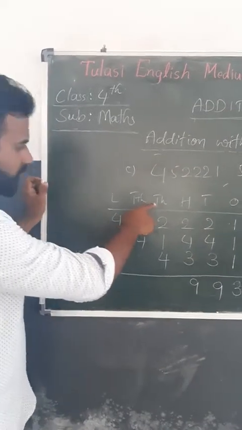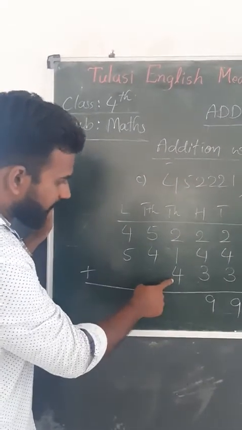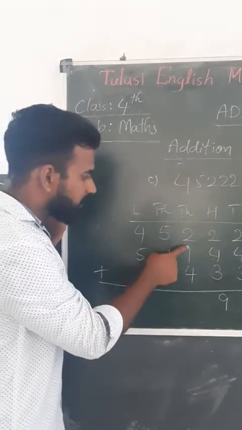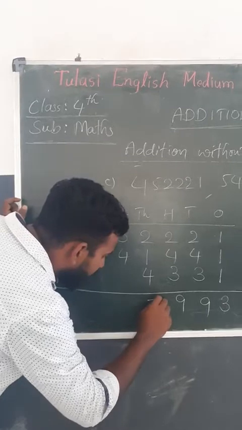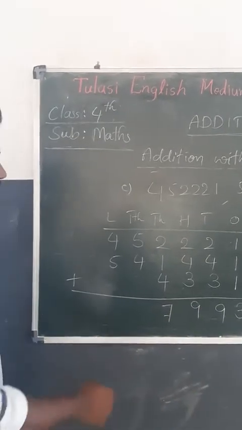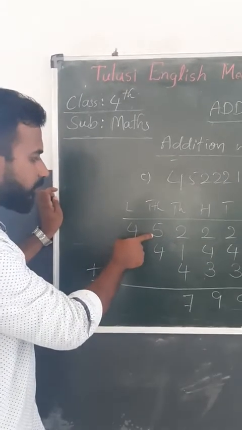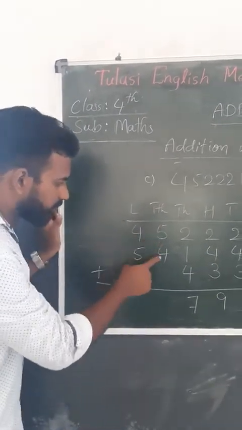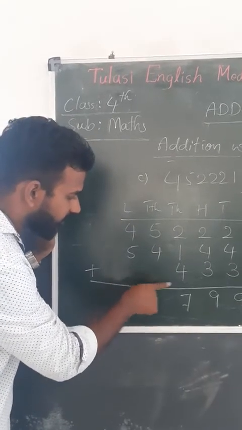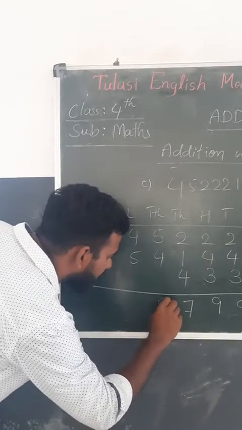In the thousands place, 2,000, 1,000 and 4,000. 2 plus 1 is 3, 3 plus 4 is 7. In the 10,000s place there is 5. 5 ten-thousands plus 4 ten-thousands. 5 plus 4 is 9. Here nothing, I mean 0. 9 ten-thousands.